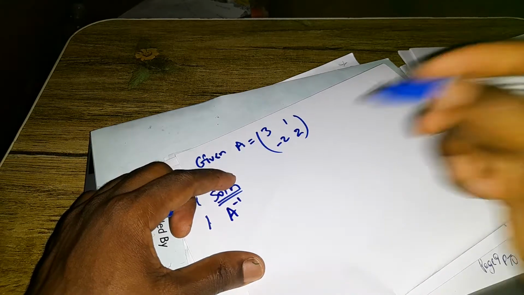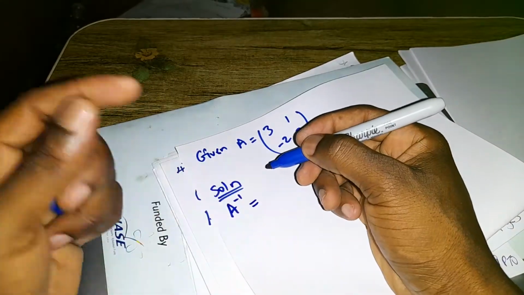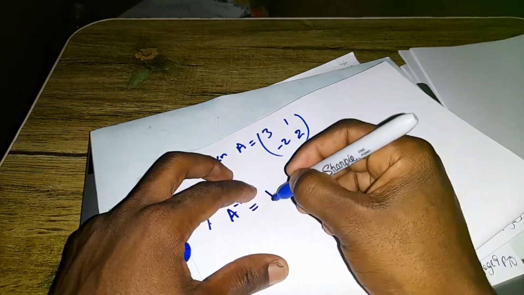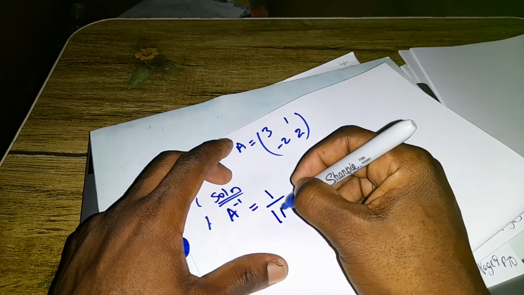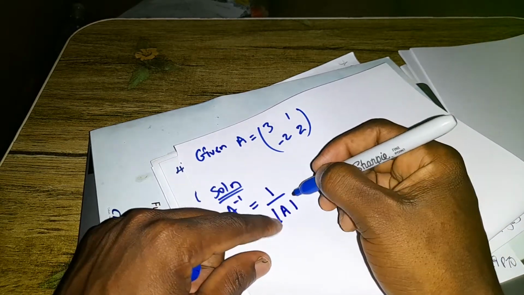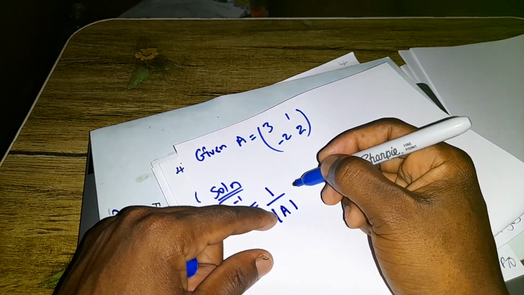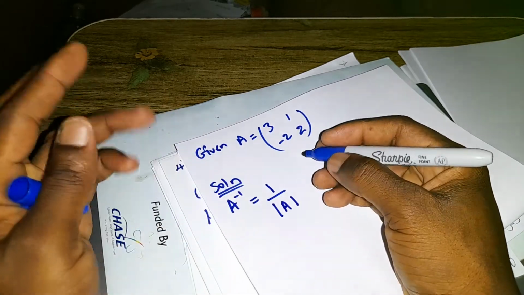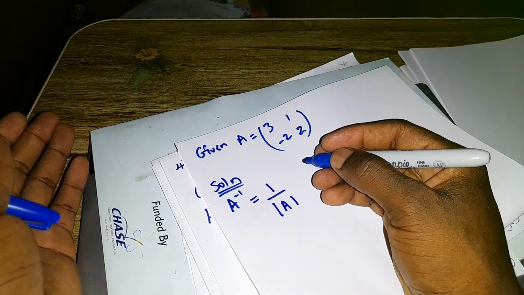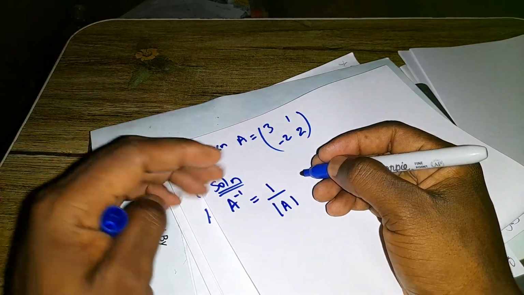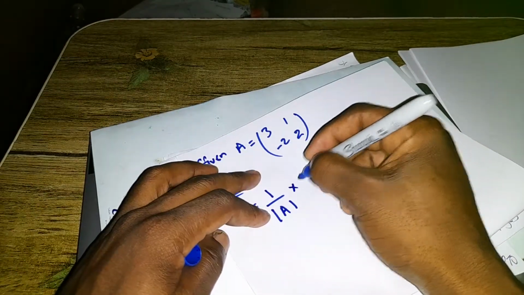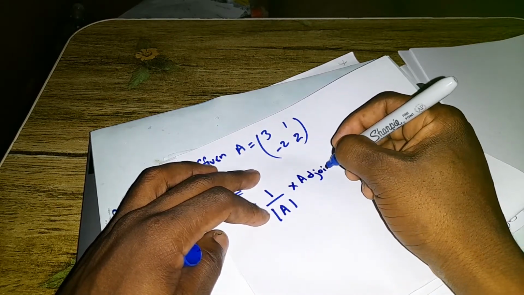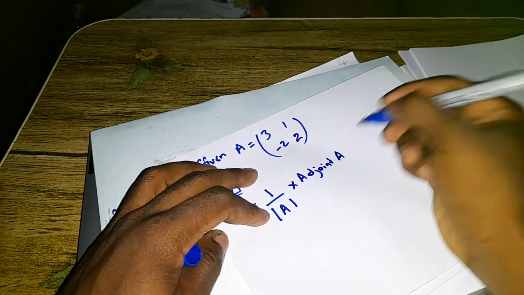And the first thing is the formula for the inverse of a matrix: 1 over the determinant of A, which can be represented by the absolute symbol, or enclosed by two vertical lines, multiplied by the adjoint of matrix A.